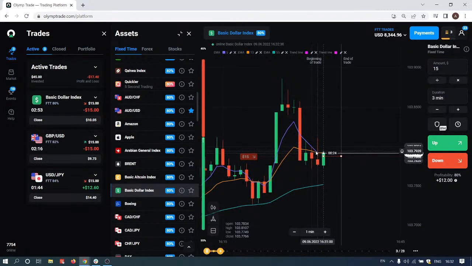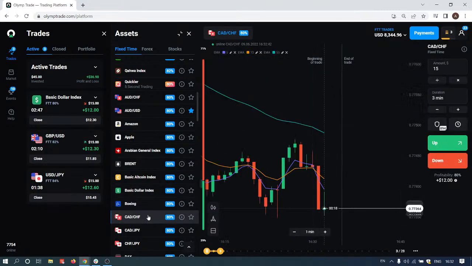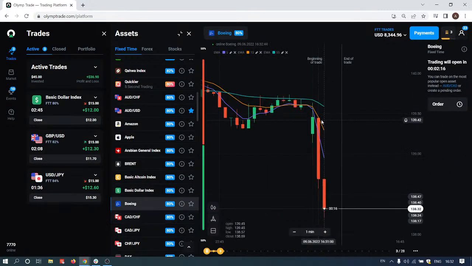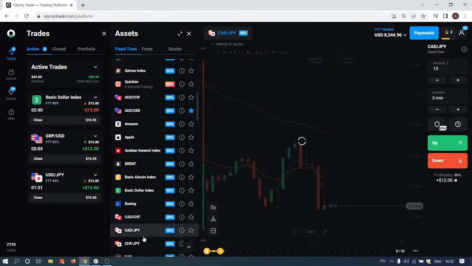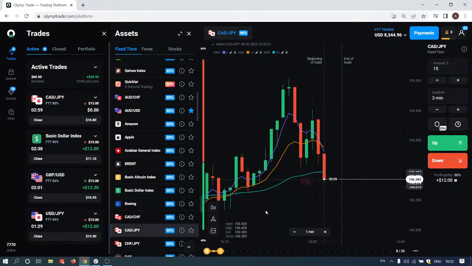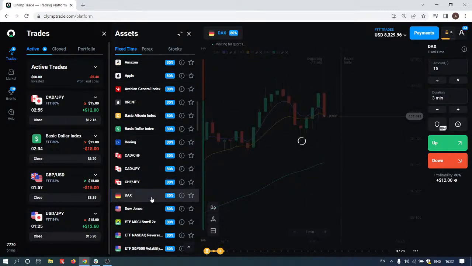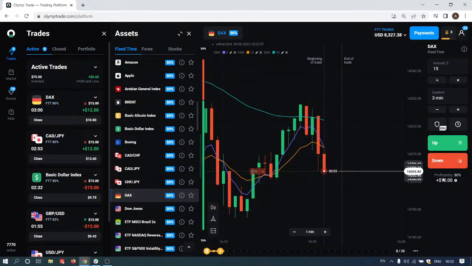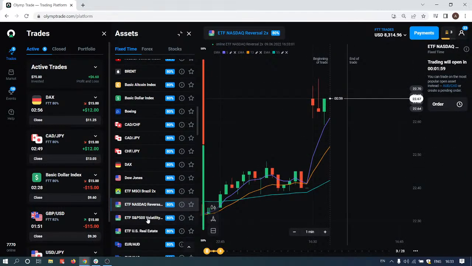So the purple line crosses the orange line in the downwards direction. Boeing is losing 0.5%, maybe a little over 0.5%. CAD JPY, yes, and let's go DAX down. So ETFs.